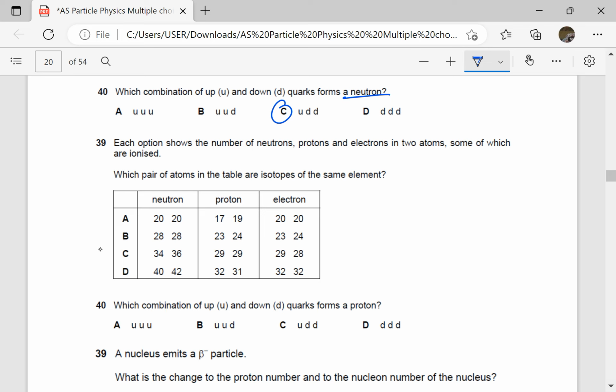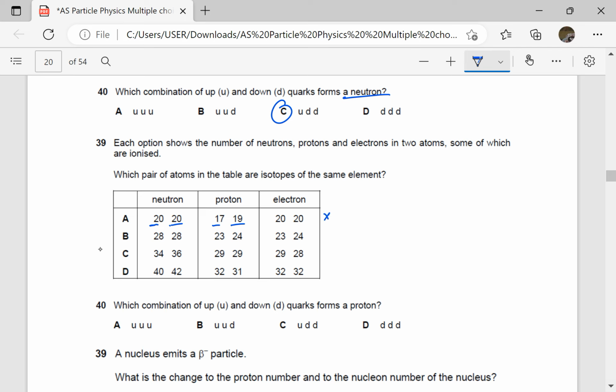Atom 1 has 20 protons, 20 neutrons, the other one has 20 neutrons. One has 17 protons, the other one has 19 protons. So these are not isotopes, so we ignore this one.